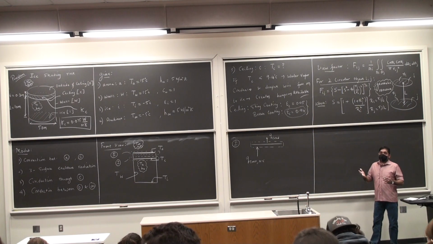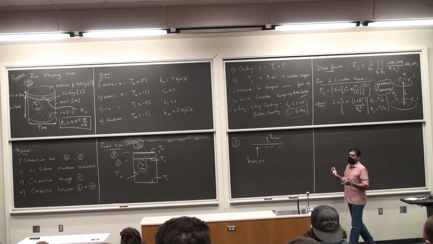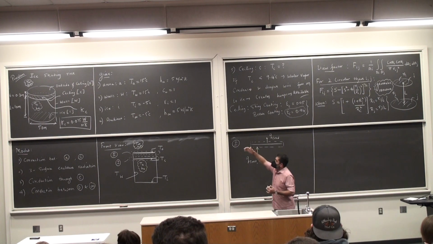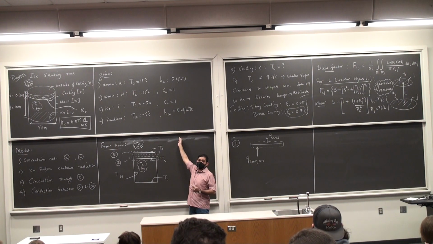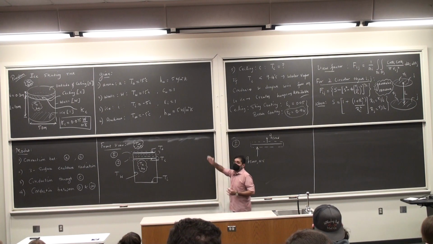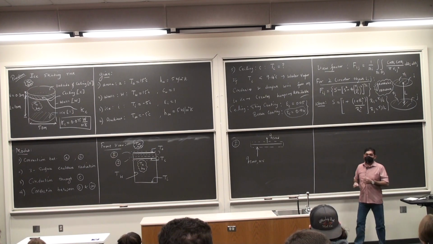It is possible that there is also radiation heat transfer. I am neglecting radiation heat transfer between the ambient atmosphere and the outside of the wall because there is no information given to me. So in this case I'm going to have radiation heat transfer from the ceiling to the other three surfaces.